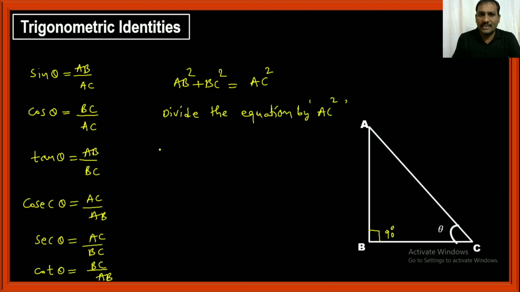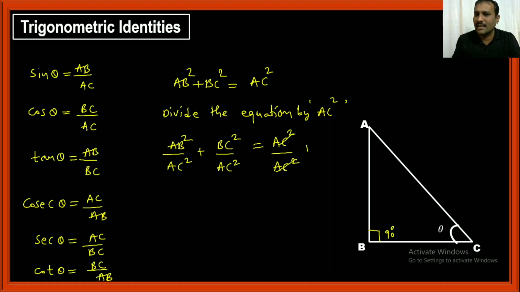So what do we get? AB square by AC square plus BC square by AC square is equal to AC square by AC square. This AC square gets cancelled, and right side we have 1.